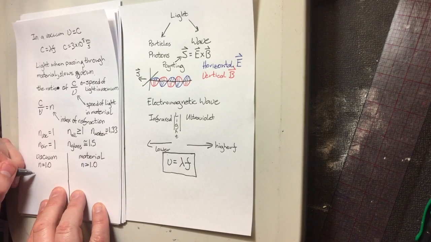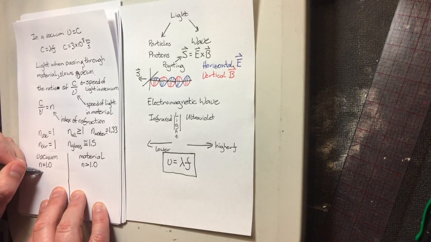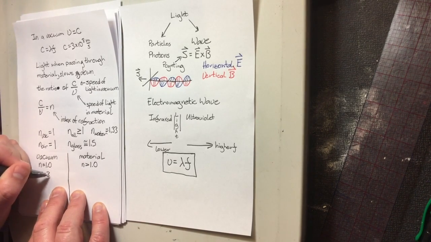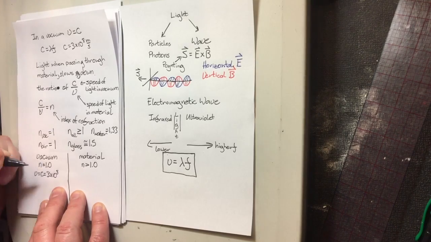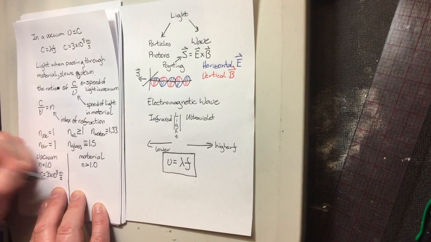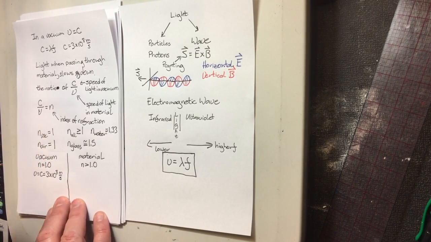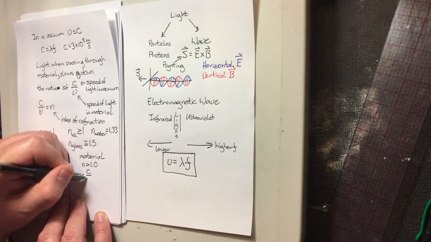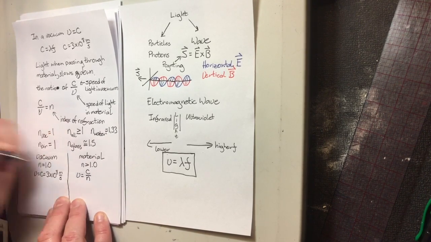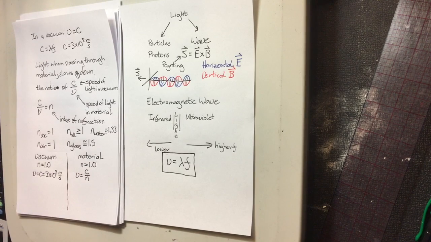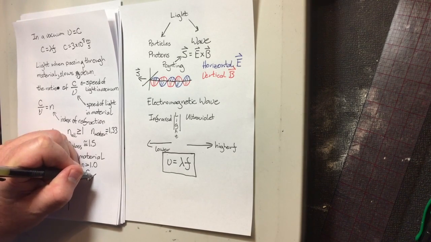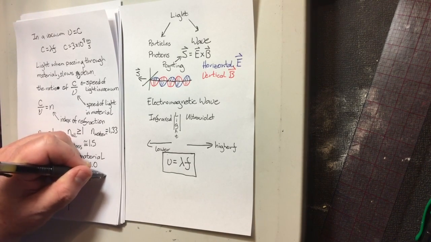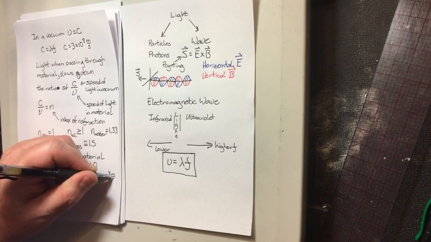In a vacuum, the velocity is equal to c, which is equal to 3 times 10 to the 8th meters per second. For a material, the velocity is c divided by n. So that velocity will be less than 3 times 10 to the 8th meters per second.